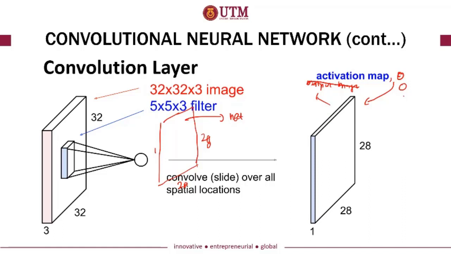Why do I change it? Because in CNN, when you call it a convolutional layer, it doesn't just involve a convolutional operation. Yes, this one is a convolutional operation, and once you apply it, what you get here is net.